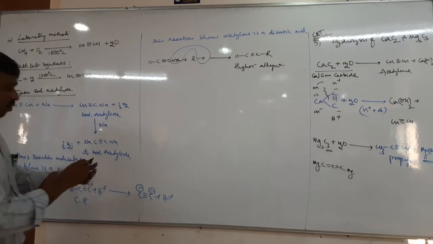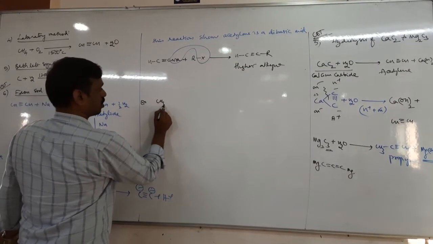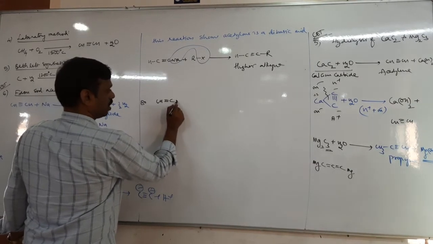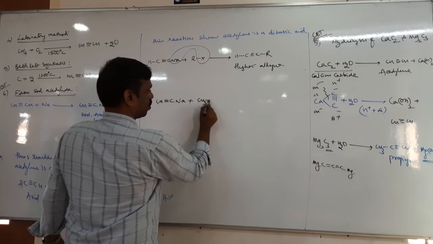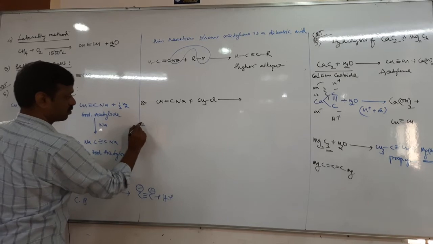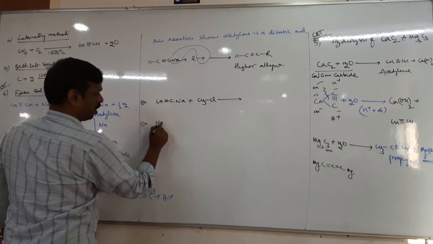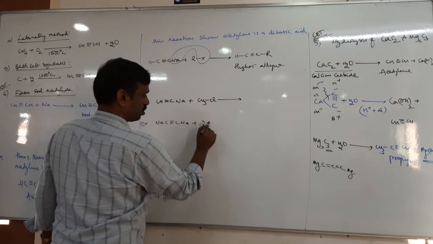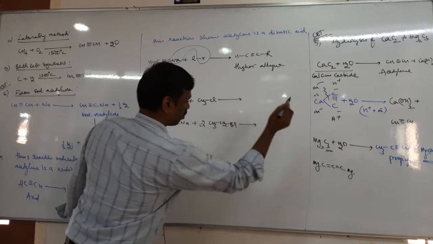Okay. Now one example. Let us take CH triple bond C Na, which reacts with methyl chloride. You write the product. Next, NaC triple bond CNa, which reacts with 2 moles of ethyl bromide.